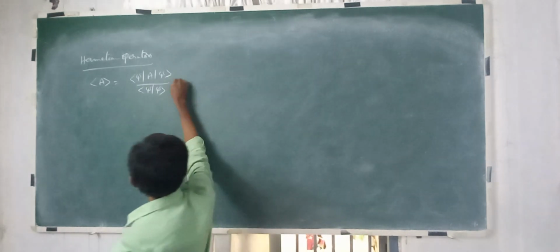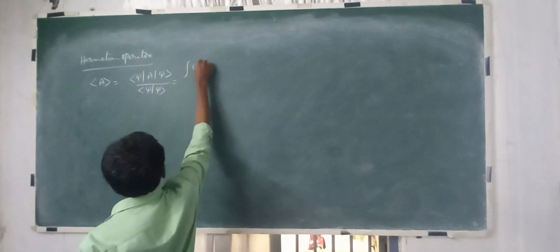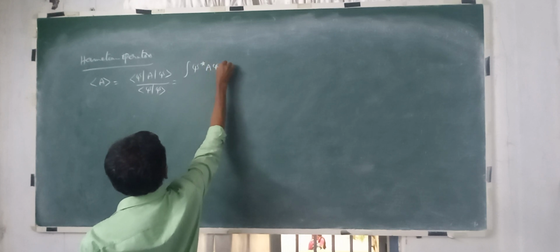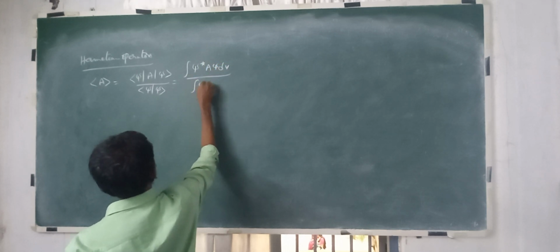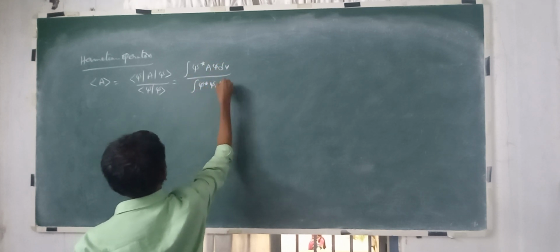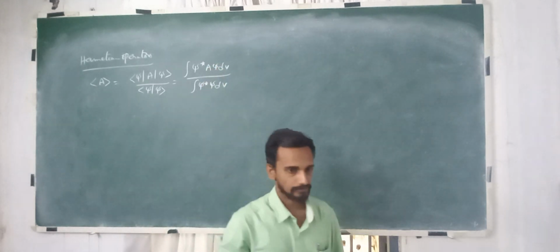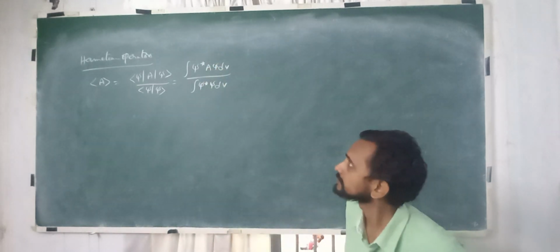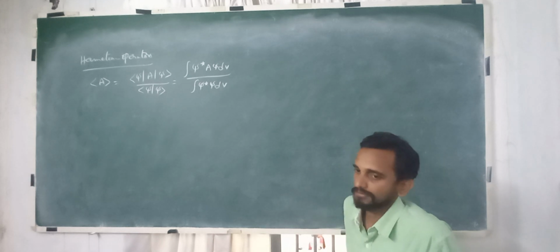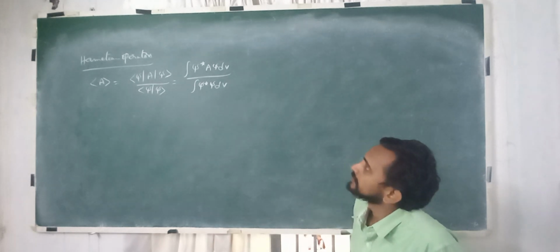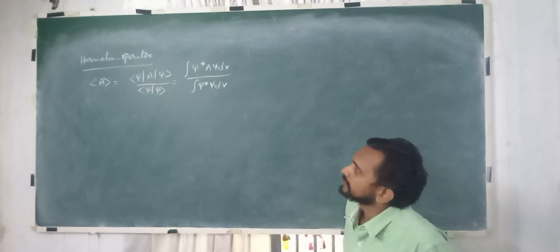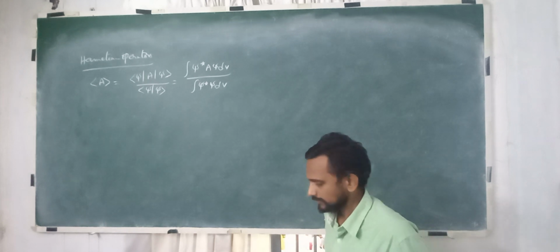So this can also be written as this: psi star A psi d tau by psi star psi d tau.